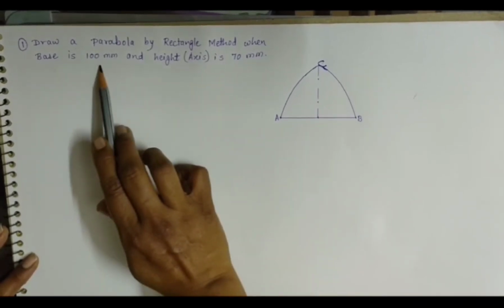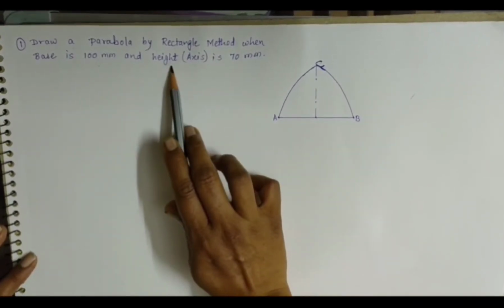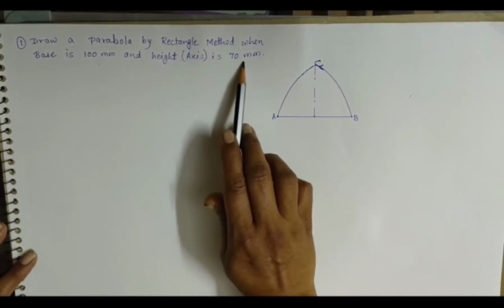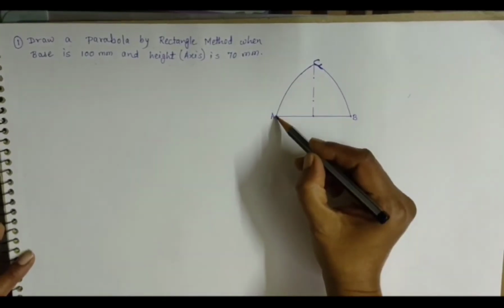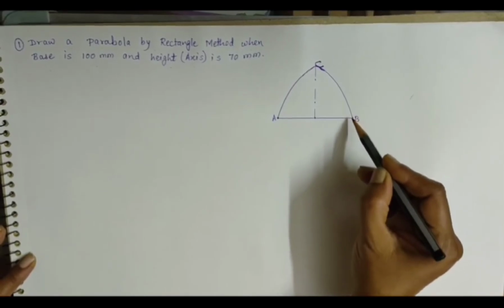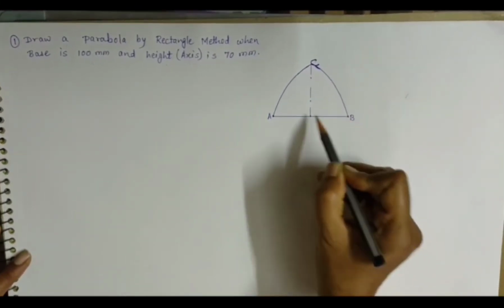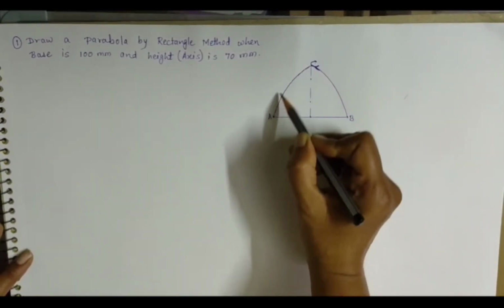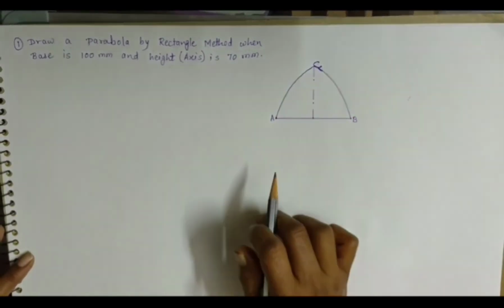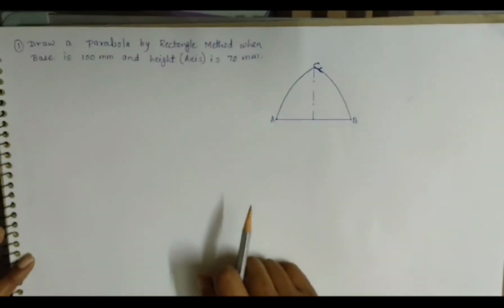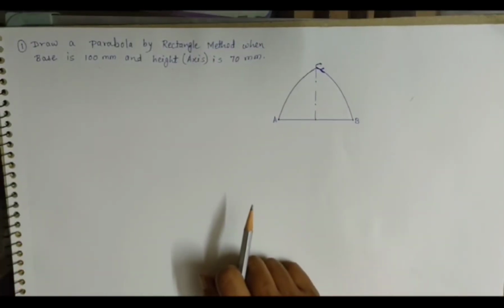The base is 100 mm and the axis, or we can say height, is 70 millimeter. I have drawn a rough figure in which you can see that this is the base and this is the height of a parabola. Now we will draw this parabola by rectangle method.